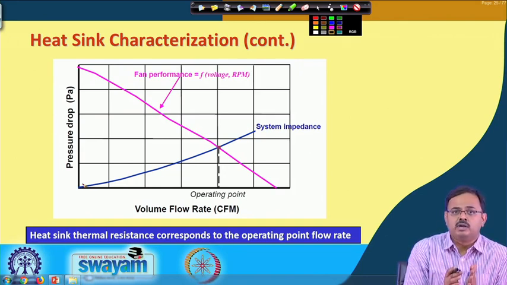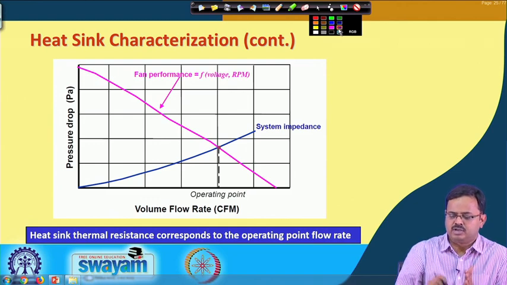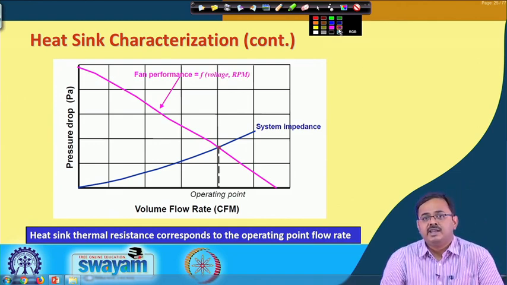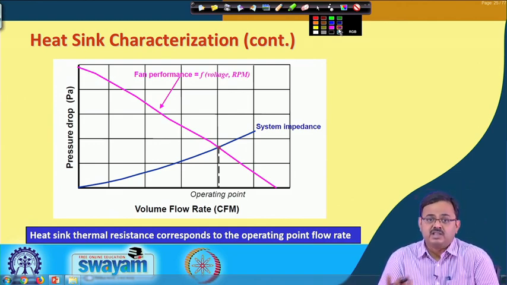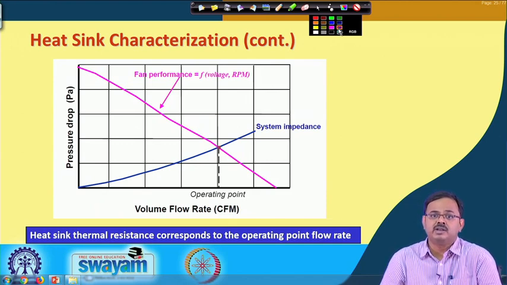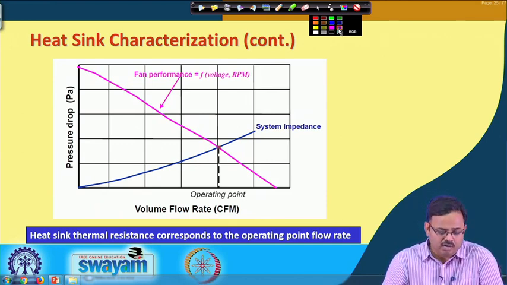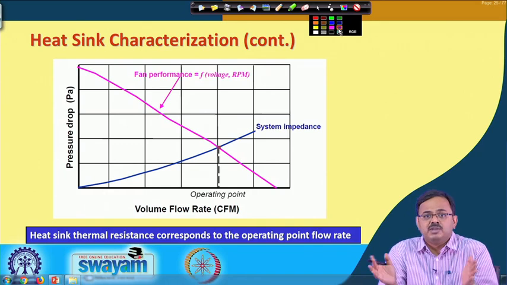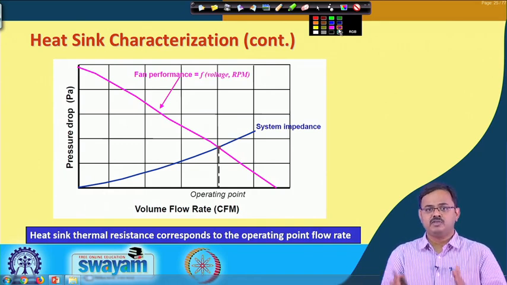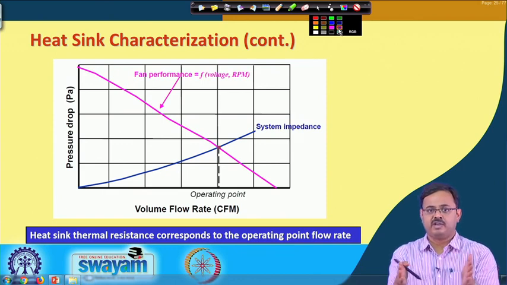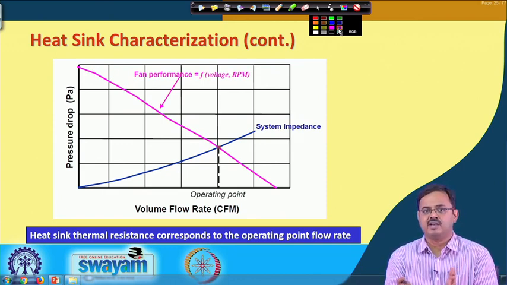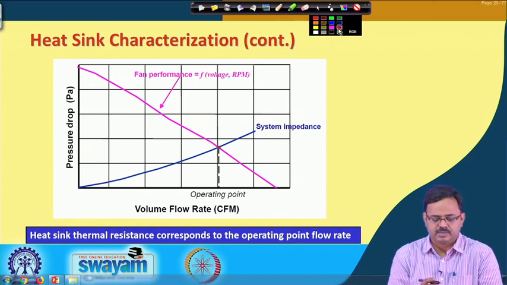I need to go lower. So, what do we know? If I have to go lower on the thermal resistance, I need to have more surface area. That is one way. So, that is better heat transfer, thermal resistance will go down. Okay, fine. So, more surface area means more number of fins. Which means for a given space that I have, for a given width of the heat sink that I have, I need to pack more and more fins.